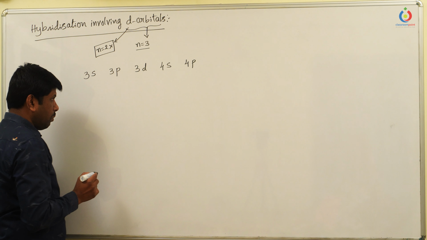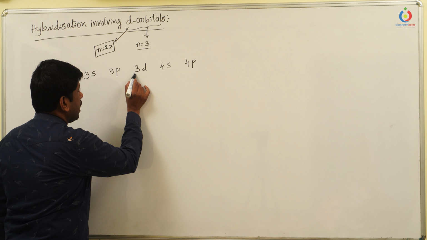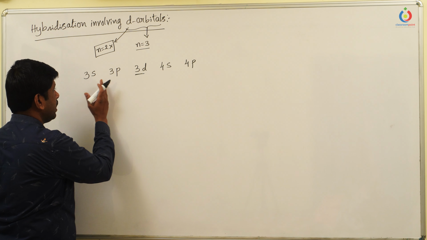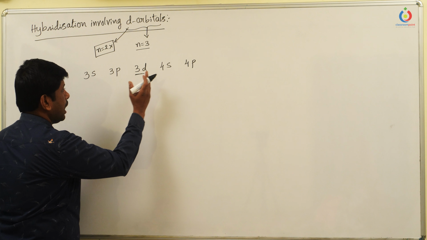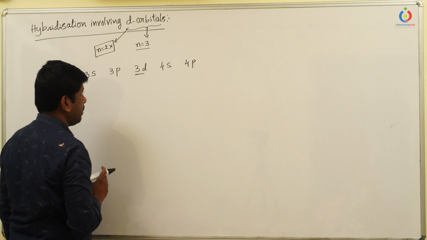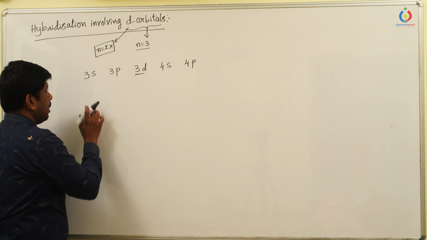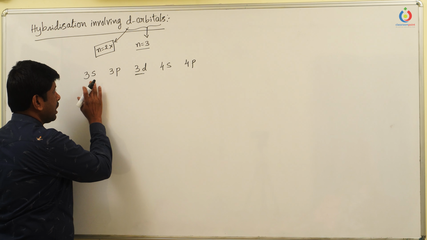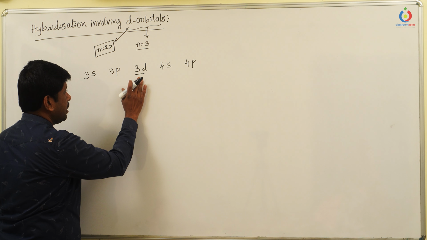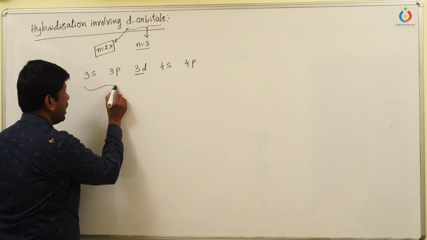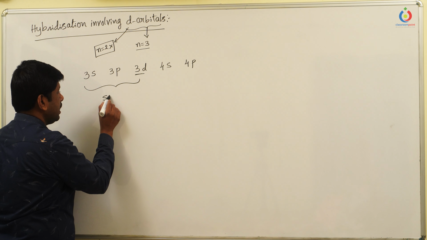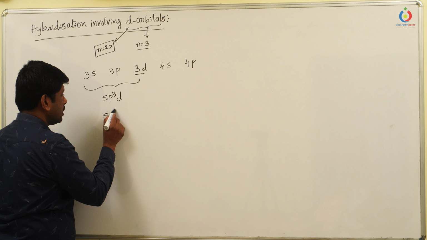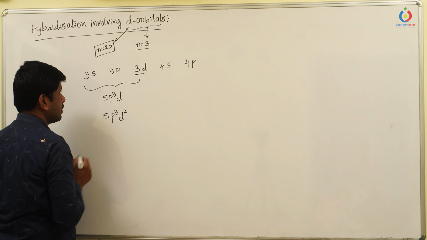So we must keep one point in mind that the energy of the 3d orbital is in between the 3s, 3p as well as the 4s and 4p. Hence, the 3s orbital and 3p orbital can intermix with the 3d orbital in providing sp3d hybrid orbitals as well as sp3d2 hybrid orbitals.